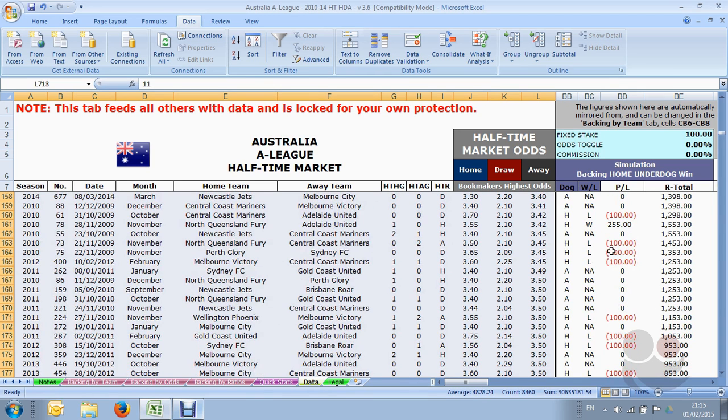at odds of 3.42 for the away team, for example, we have 1553.